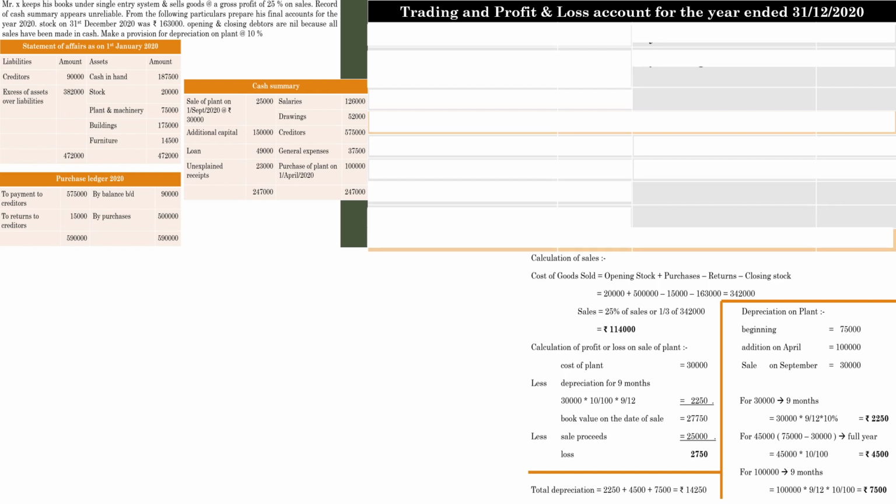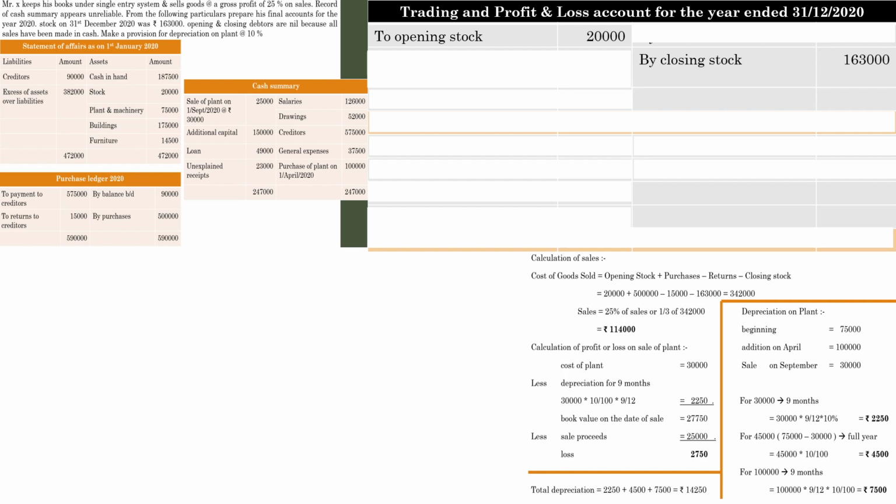We all know we will begin with the opening stock 20,000 and closing stock is also there. So let us write down those amounts. Opening stock 20,000. After that, closing stock 1,63,000, that is already given in the question.